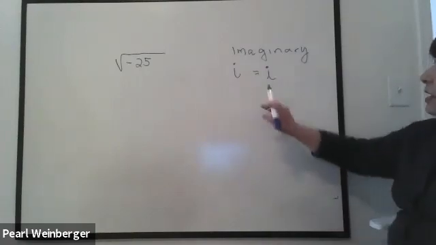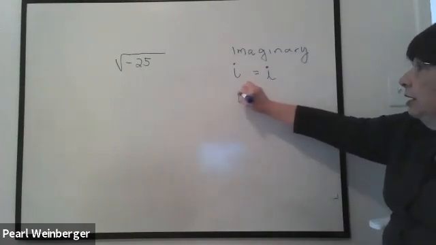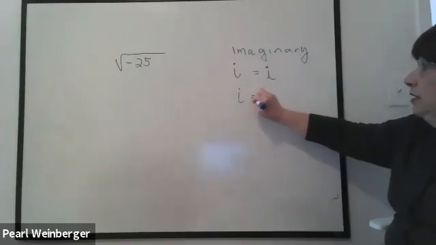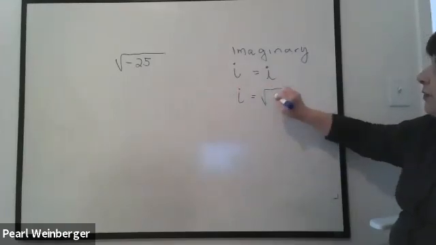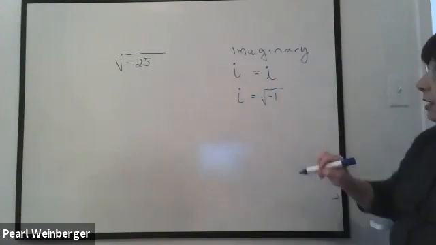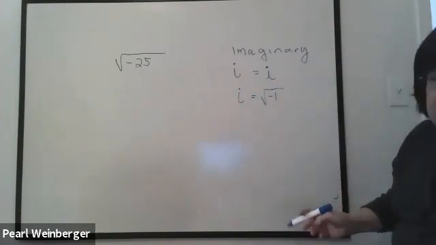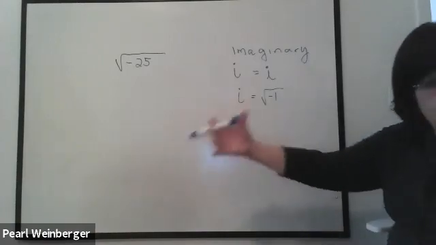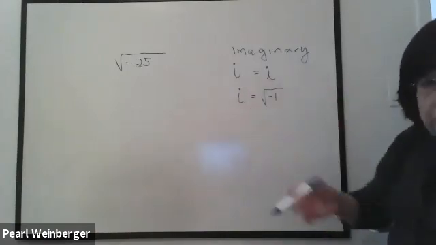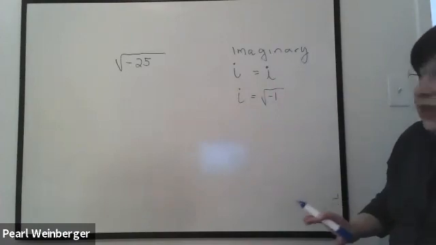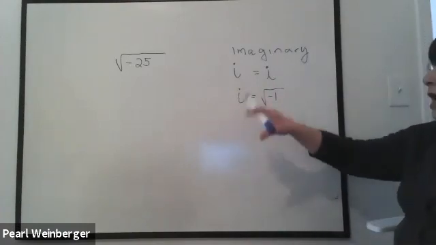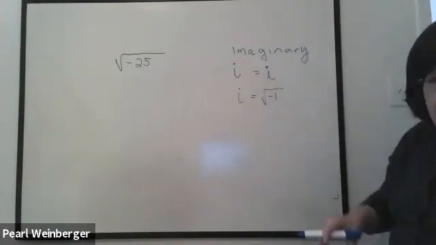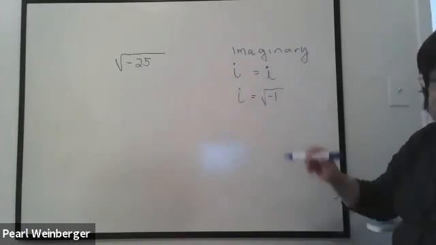This number i is defined as the square root of negative 1. Now you know that in the real number system, there's no such number. But in our new number system, it's a new number. And we've added this one new number. Once I've added this one new number, I can take care of all problems that have negative square roots.